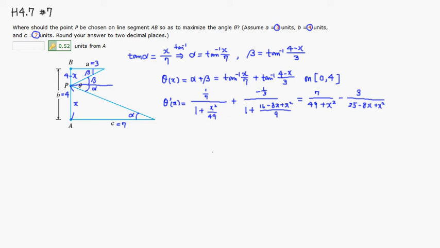Alright, so before we set that equal to each other, I'm going to take the common denominator and try to combine these fractions together.